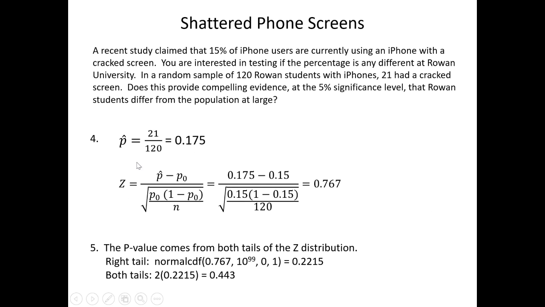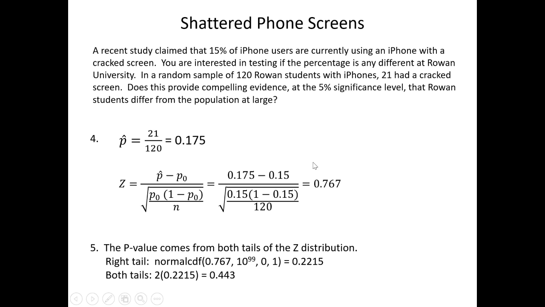Okay, so we now need to compute our Z statistic. A preliminary step here is we need to find p hat. So that's just the proportion in the sample that had this characteristic of the cracked screen. So that's 0.175, and that'll go up here. So we see that in the sample, the proportion with cracked screens was a little higher than the study saying 15%.